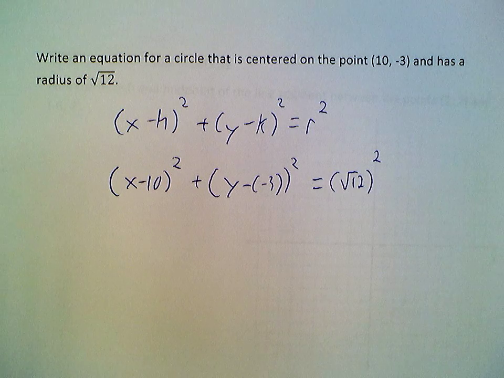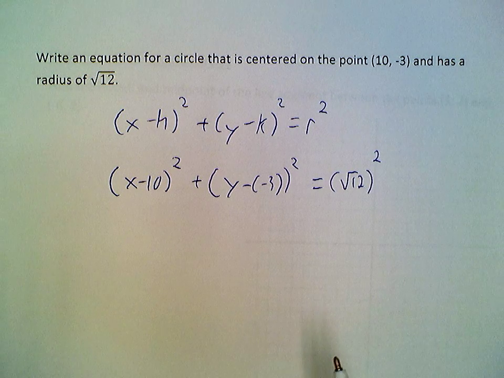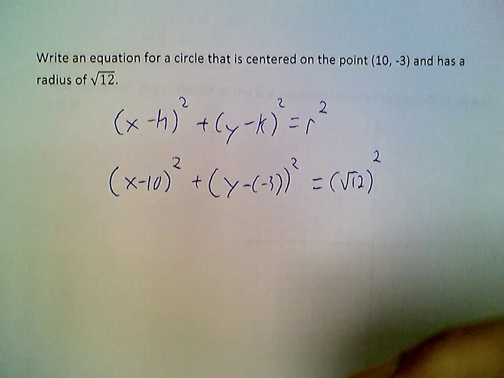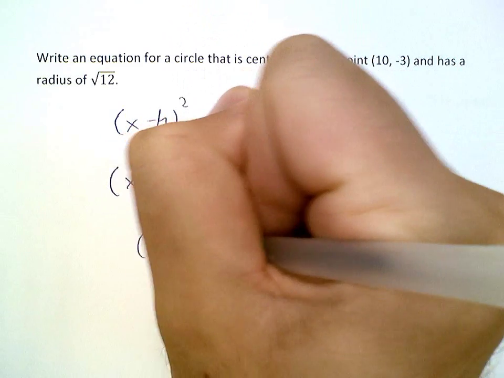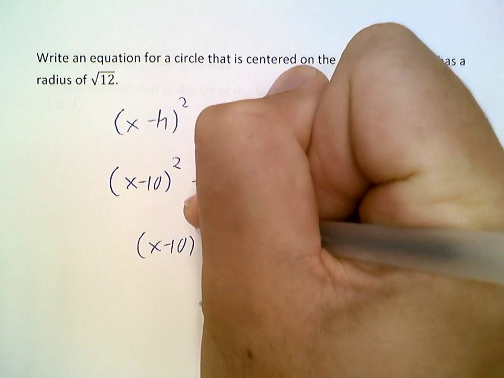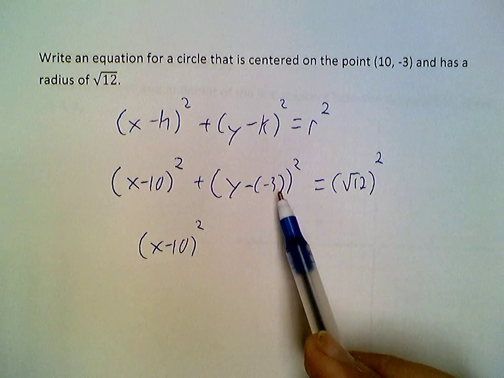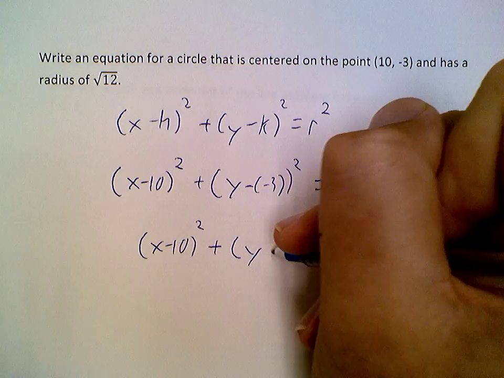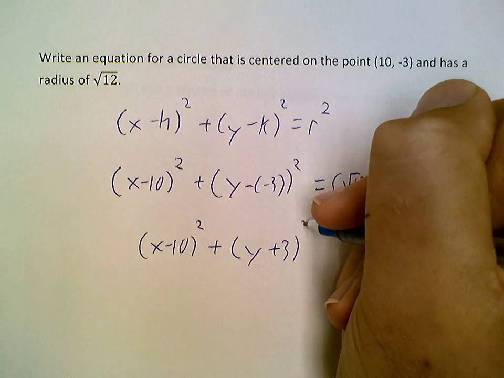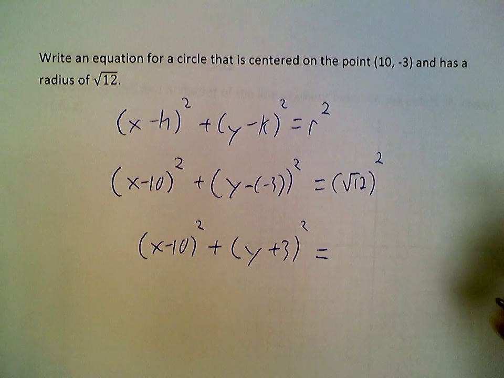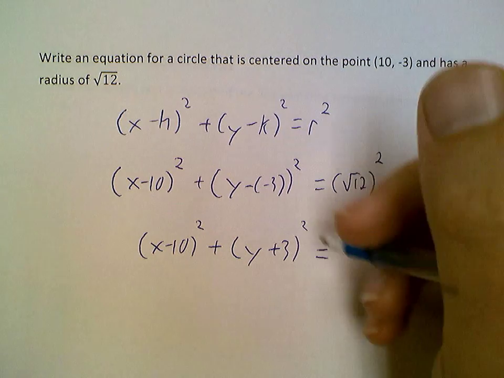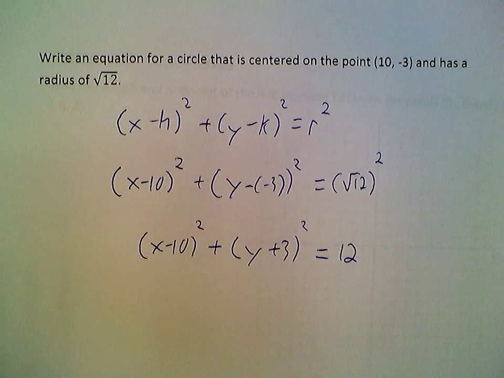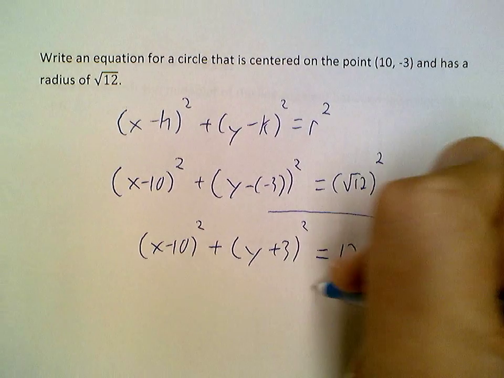Okay, now I can simplify this a little bit. (x - 10)², I can't really simplify, so I'm just going to leave that. y minus -3, minus a negative is just plus a positive, so I'm going to put (y + 3)². And then (√12)² is just 12. And so that is it.